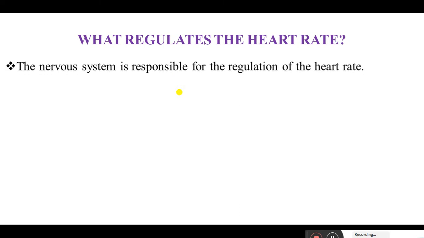It regulates the heart rate in that it increases and decreases the number of times the sinoatrial node will generate an electrical impulse.